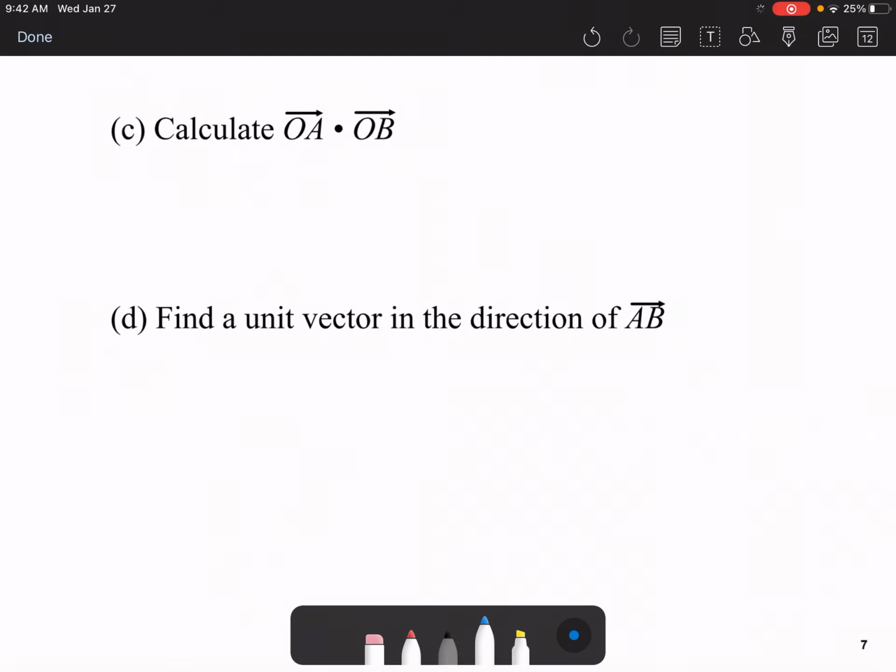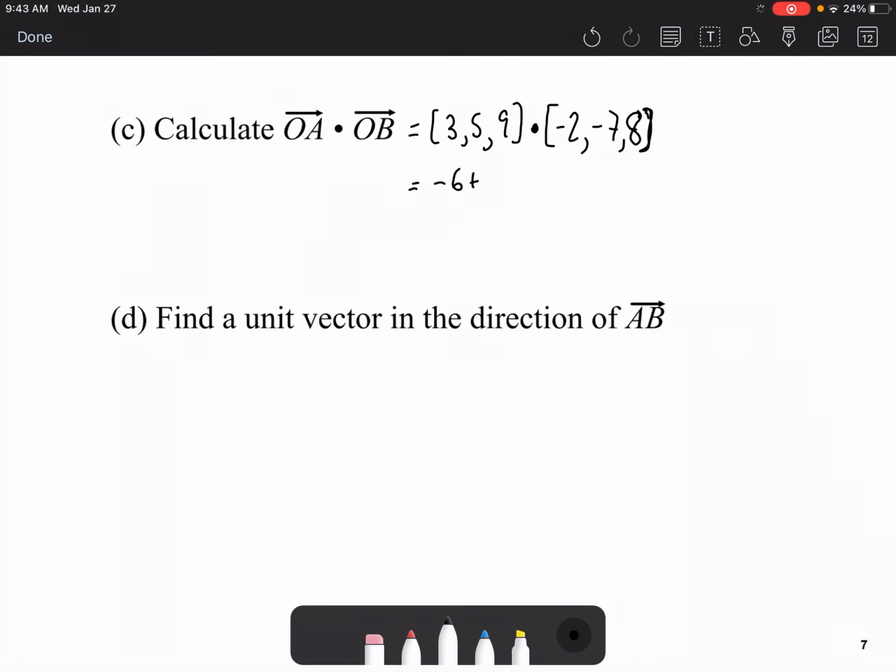As mentioned, dot product remains the same. So let me show you. OA was our vector 3, 5, 9, and OB was our vector negative 2, negative 7, and positive 8. So 3 times negative 2 is negative 6.